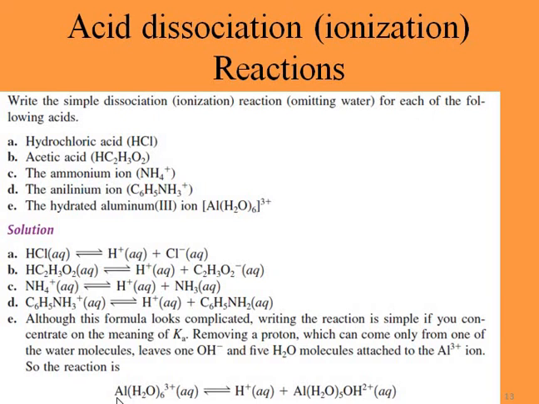So Al(H2O)6 3 plus is going to be H plus, which is the proton, plus Al(H2O)5(OH) 2 plus, because it becomes 1 negative, so 3 plus minus 1 is 2 plus. That's how we write this acid dissociation reaction.